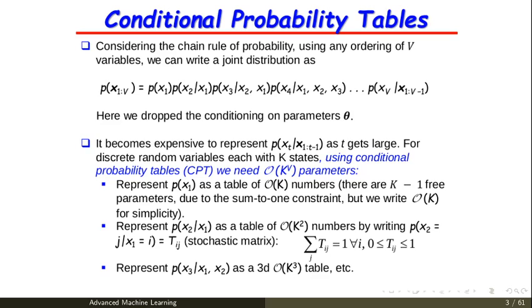And this is the reason why we study probabilistic graphical models, because we will be asking questions such as, can we actually simplify this conditional distribution accounting for some independence relations?